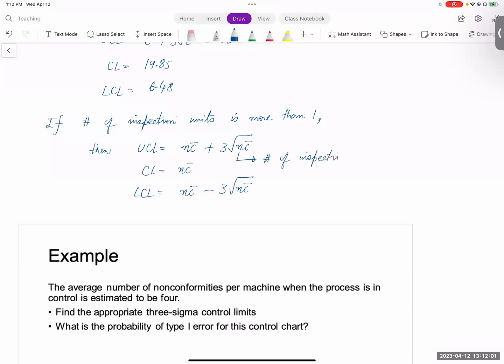So this is one thing I want you to keep an eye on in what the question specifies. If the question says specifically something about the number of inspection units, then you have to be careful about that.